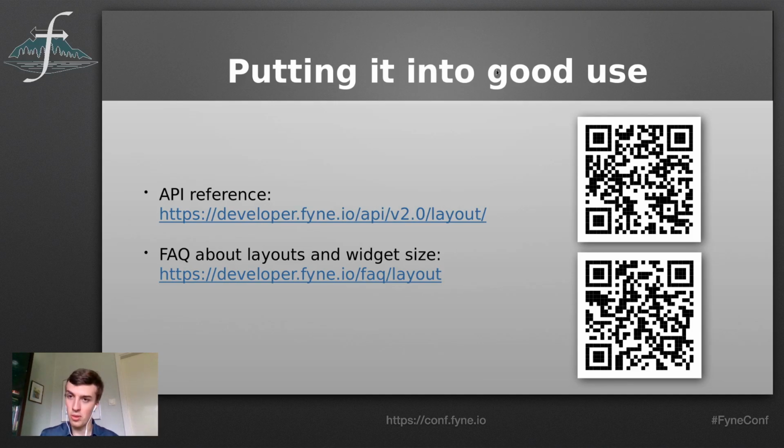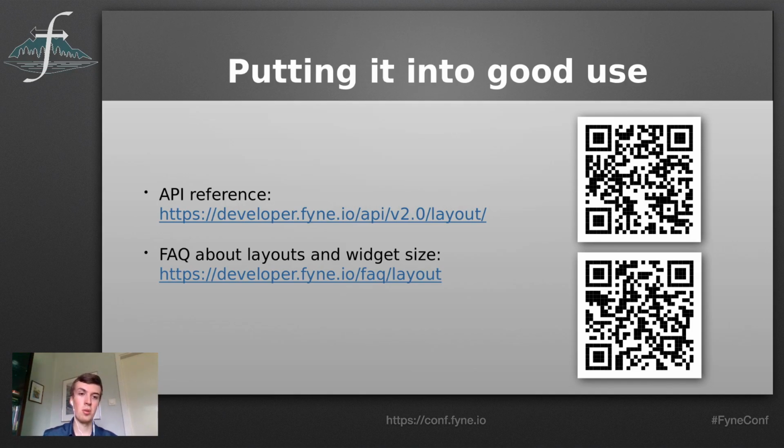Now, of course, you need to put this all into good use. So for the API reference of the layout package, you can check out the developer.fyne.io API reference site for it, which of course I see now should be 2.1. But I don't think the layout package has changed anything in 2.1, so you'll be fine.